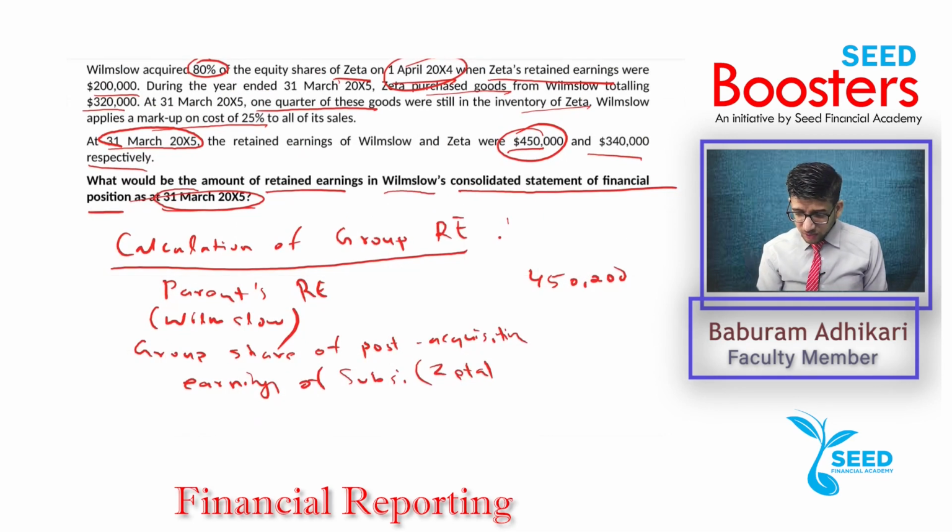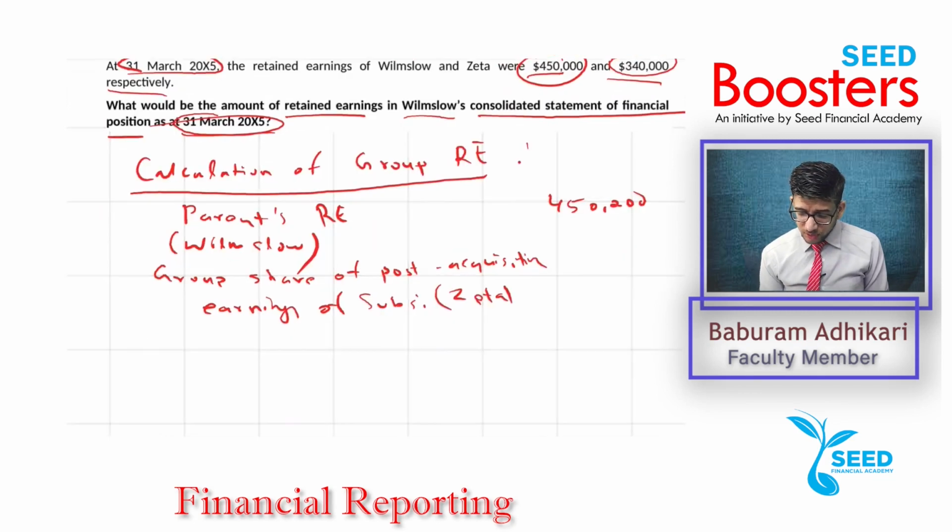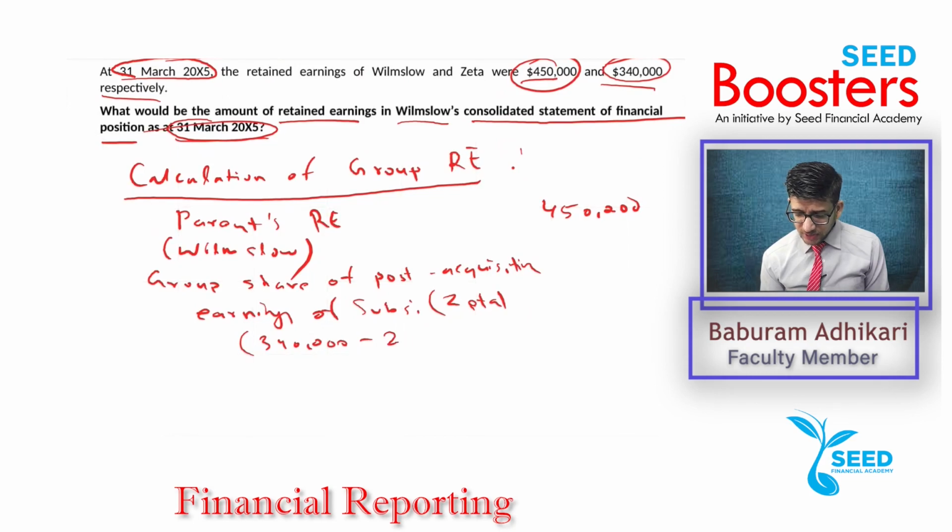The subsidiary's retained earnings at the end of the year is 340,000, and at the acquisition date it was 200,000.